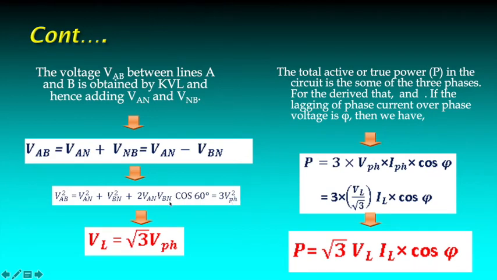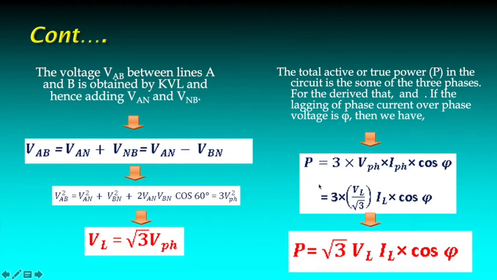That means VAN and VBN are all the same magnitude, and this is the phase voltage. So we get 3 V phase square. So VAB equals root 3 V phase. VAB is the line voltage, so write line voltage equal to root 3 phase voltage.